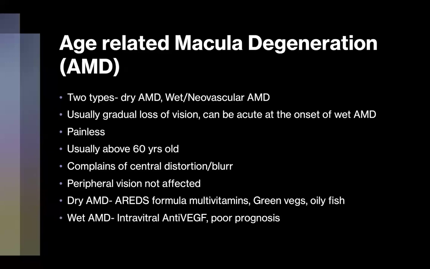The only thing is the multivitamins, this AREDS formula multivitamins. AREDS is one of the landmark studies, the Age-Related Eye Disease Study. That study has shown that taking some multivitamin capsules, there are specific formulas, not all the types, the macula-friendly formula, will reduce the progression by 18%, right?